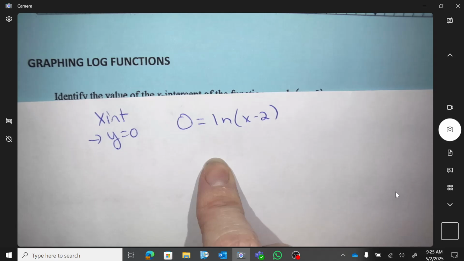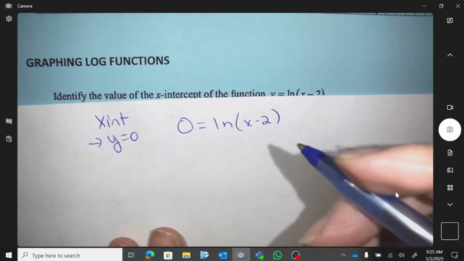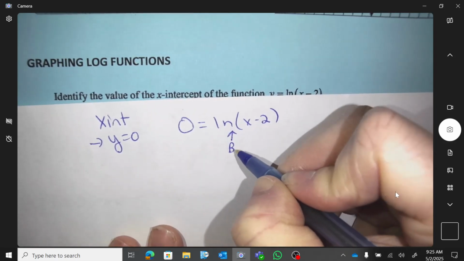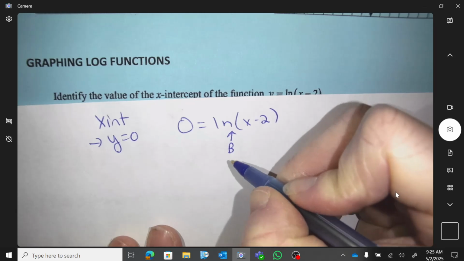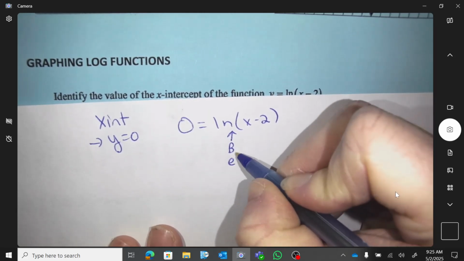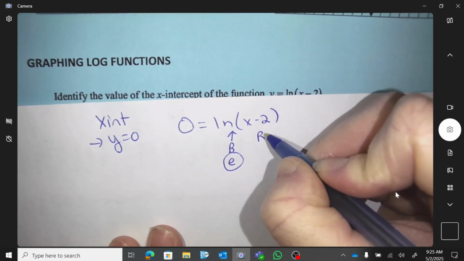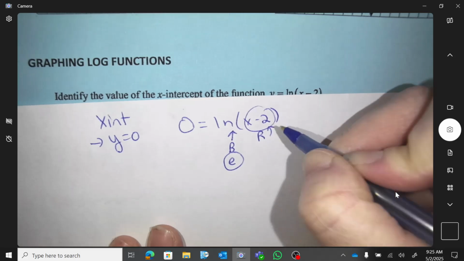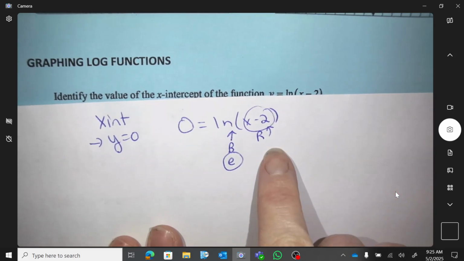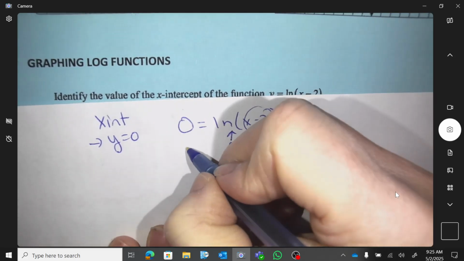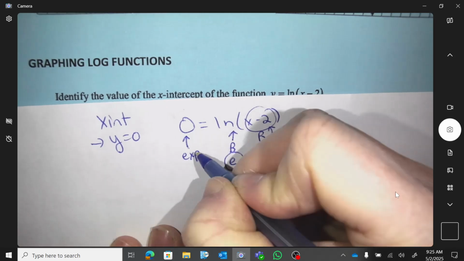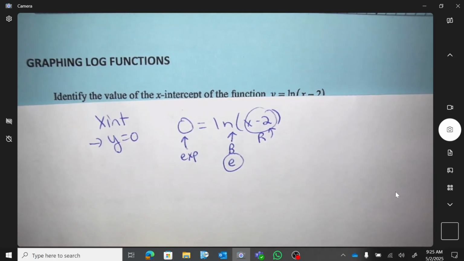Okay, I'm going to talk about my 3 components. What is the actual base down here? E. This is the result. This is the exponent.